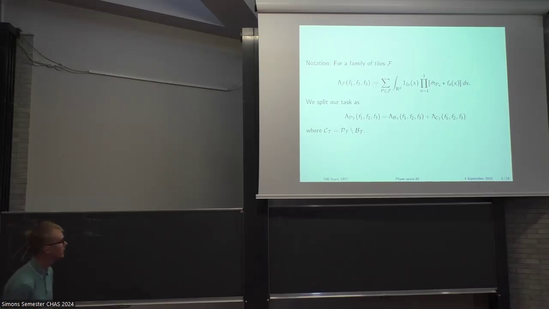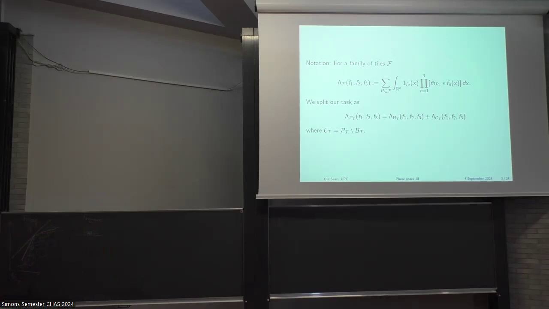And now we split the tree in two parts. We take first the boundary tiles, and the boundary tiles were the ones which are touching the region between the dashed line and the dotted line. So frequency boxes here give rise to the boundary.